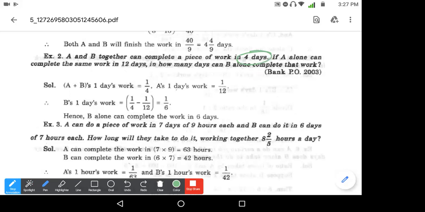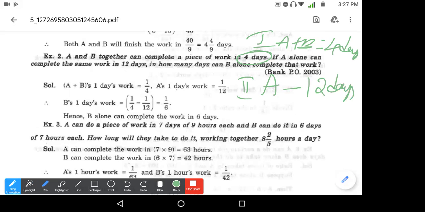A plus B together, if they work for 4 days, they can complete the work. This is the first situation. Now the second situation is A alone is working, and he is taking 12 days to finish the work. Now the third situation, what they are asking us to find is, if B is working alone, how many days or how many hours will he take to complete the work? Okay, so that is the question.